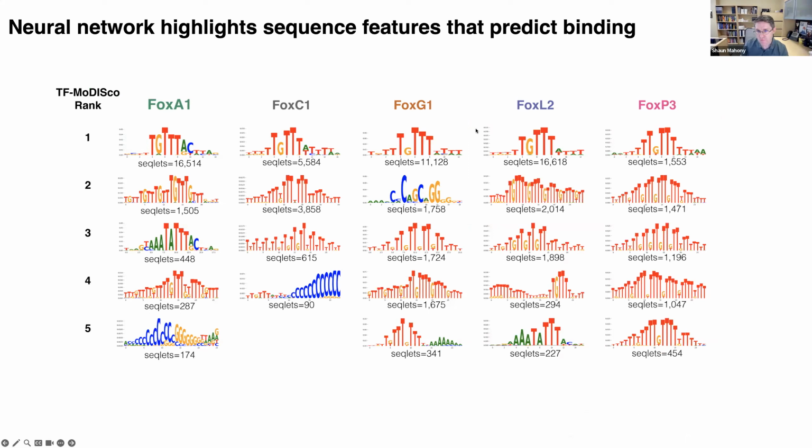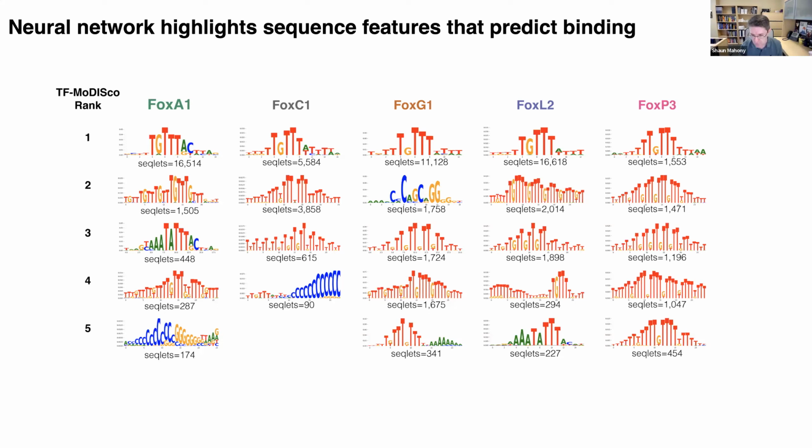But the other factors, according to TF-MODISCO and the sequence features that the neural network is finding, are pretty much similar motifs across the board here. They all like to find this TG-TTT motif, and that's reinforcing the fact that sequence is not really discriminating whether these sites are bound or not beyond just the presence of this cognate motif.